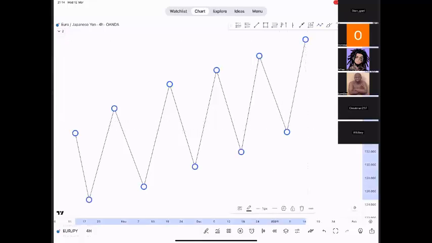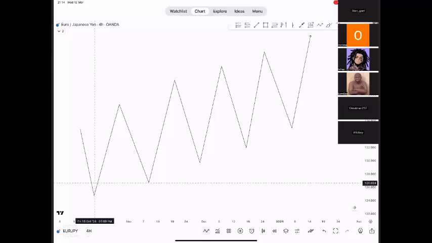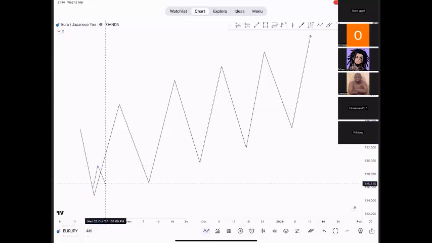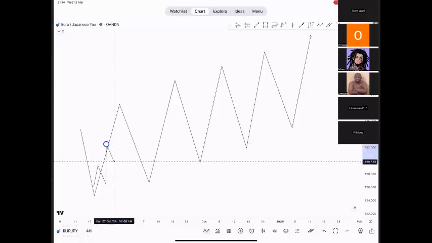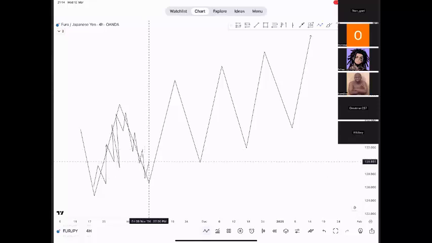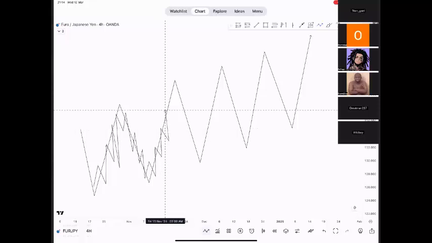On the chart, it will be a bit more tricky. You can see this now as what I have drawn, but when you go to the chart, you see something like this. This is how the move to the upside can be represented, and then you have the move to the downside like this. There are a lot more things going on than how neat it is on my diagram.